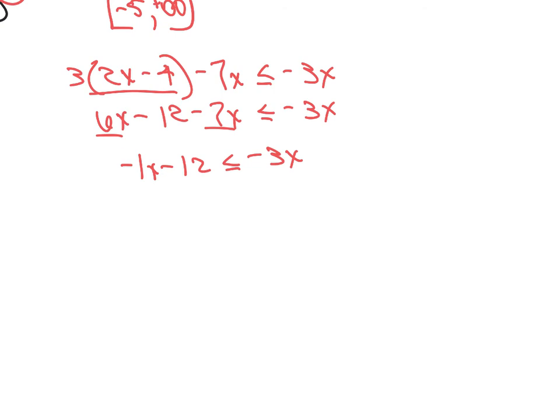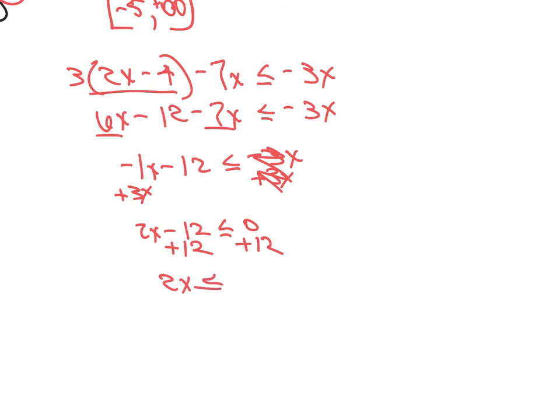Okay, nothing really weird here yet. I'm going to add 3x to both sides. So I get rid of everything over there. Keep going. I'm going to add 12 to both sides. So 2x is less than or equal to 12. X is less than or equal to 6 because I divide both sides by 2.